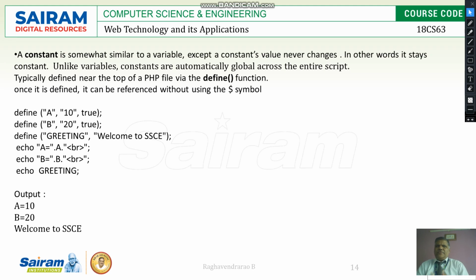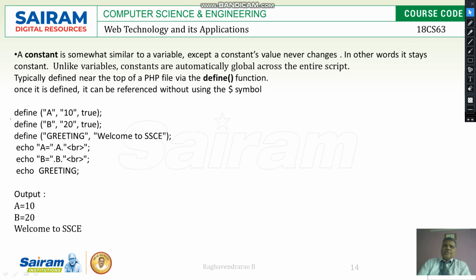We can define constants also, because a constant is not going to vary in the program. Whatever is defined will keep the same value throughout. Now see how we define a constant. By using the define function itself, we can define a constant, and it should be in capital letters.